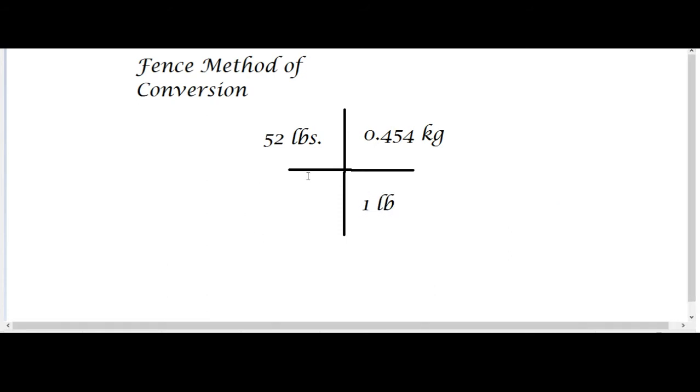So as we're going through this again, we notice that our pounds right here are going to cancel out, and then all we're left with is multiplying the 52 with the 0.454. Now I want you guys to take a second and do the math by yourselves, and then unpause the video, and we'll see if we get the same answer.